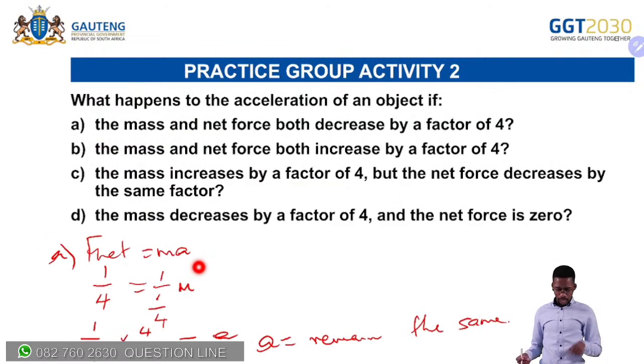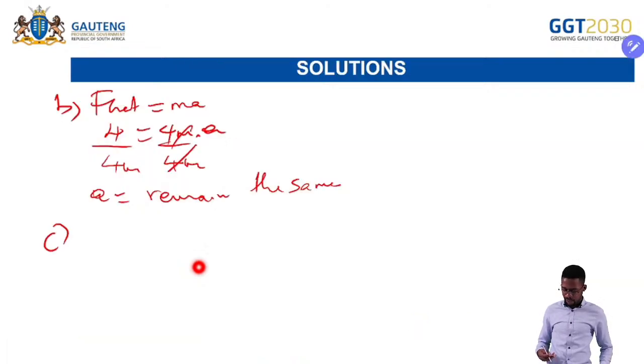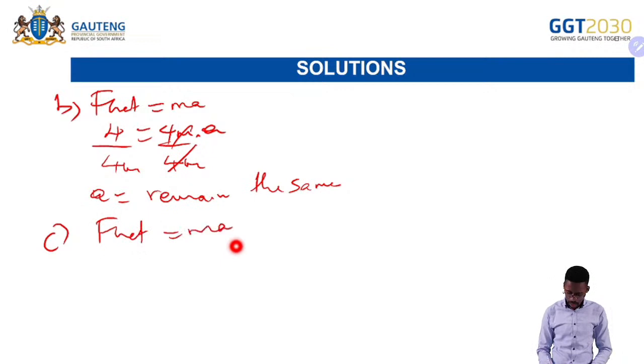And then let's go to C. C said, what happens to acceleration if the mass increased by 4 and the net force decreased by the same factor? So you write the formula F net is equal to ma. Then you tell us that mass increased by 4 and our F net decreased by 4.